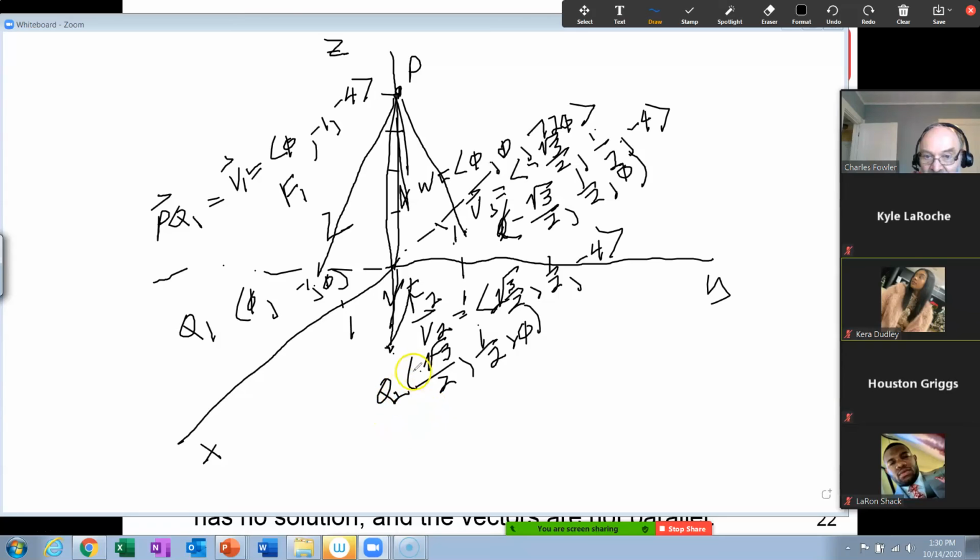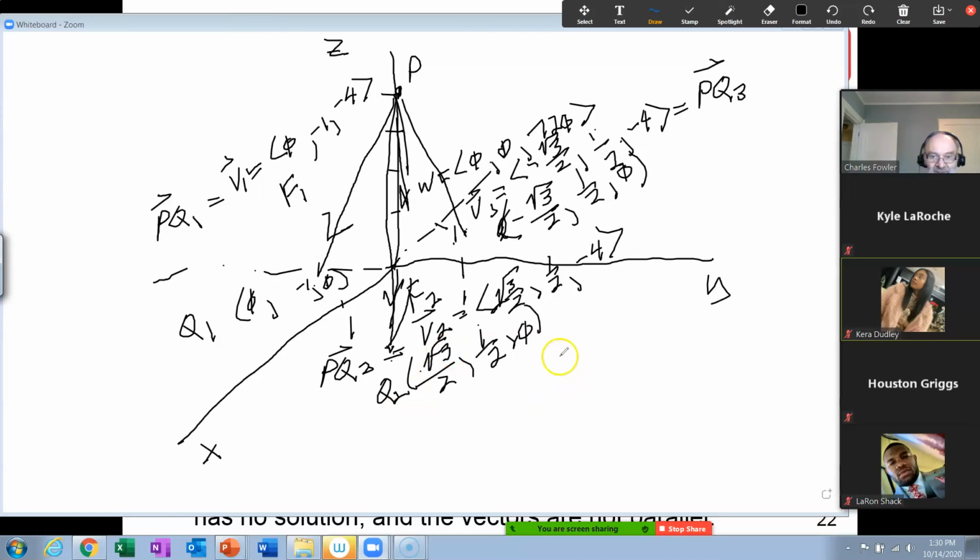This vector here is PQ2 in that direction, and this one here, I'm going to write it out here, is PQ3, okay, in that direction. Okay, now what they say next is this one.